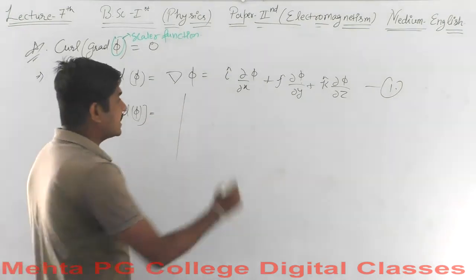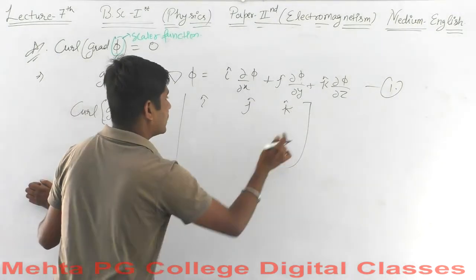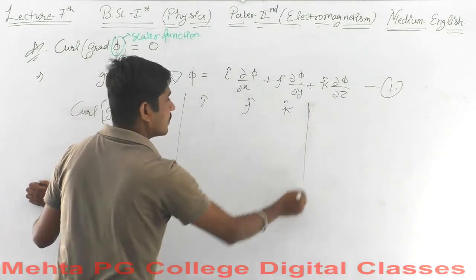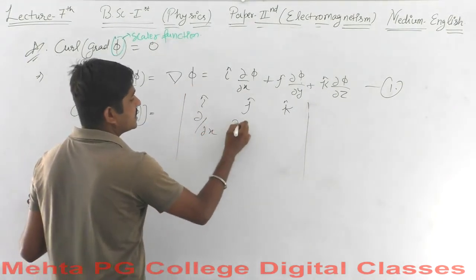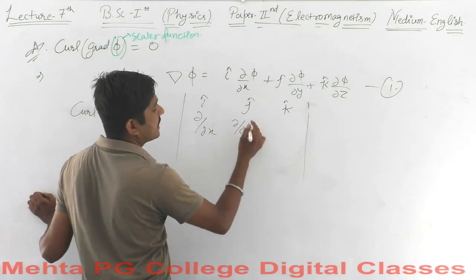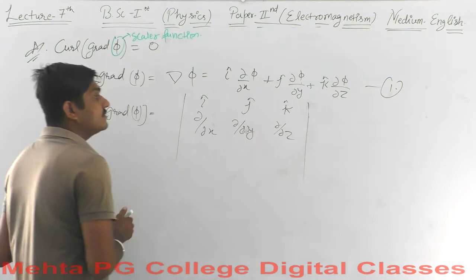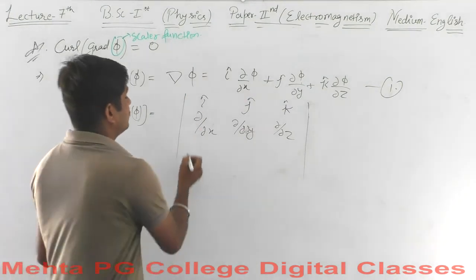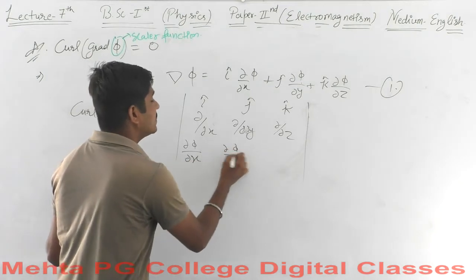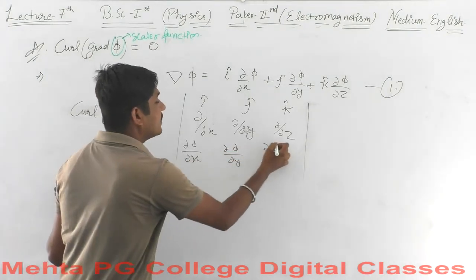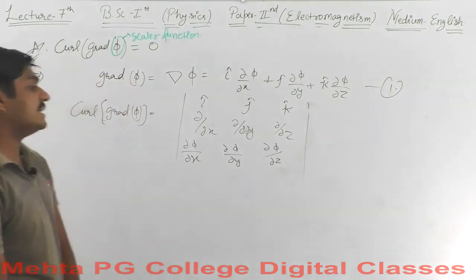Again you come up with a determinant: i cap, j cap, k cap, the partial derivative operators ∂/∂x, ∂/∂y and ∂/∂z, and the gradient components ∂phi/∂x, ∂phi/∂y, sorry, and ∂phi/∂z.